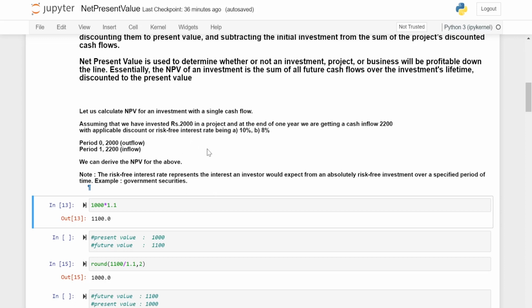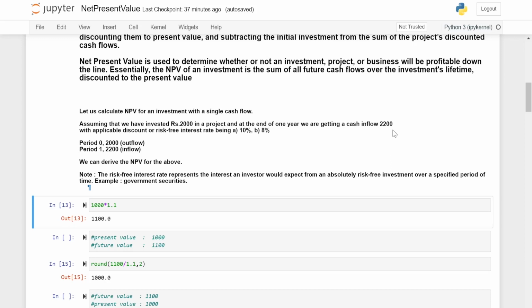So we can take this 2000 rupees and deposit it in a bank where we are getting a risk-free interest rate of 10%. So this 2000 rupees will become 2200 rupees after 1 year, right? Without doing anything, simply depositing this money in a bank at a risk-free interest rate of 10%, we are generating 2200 rupees.